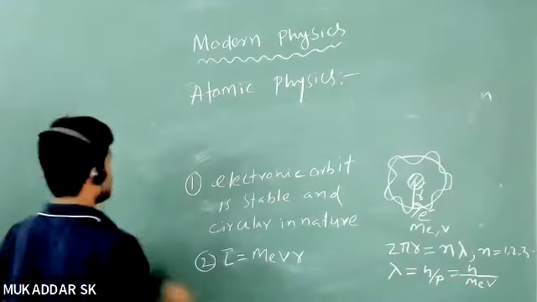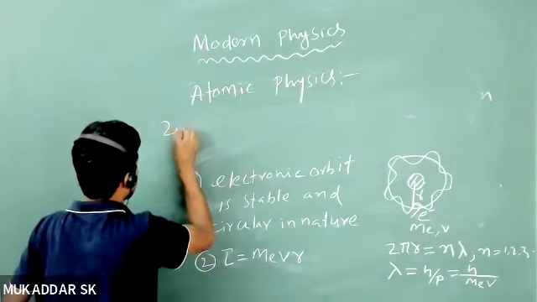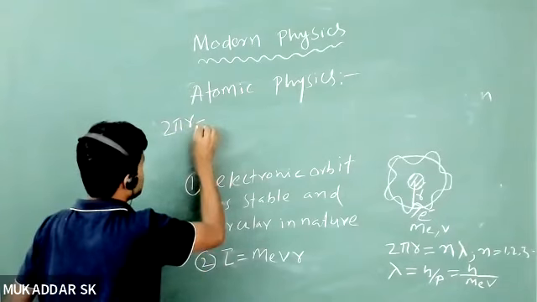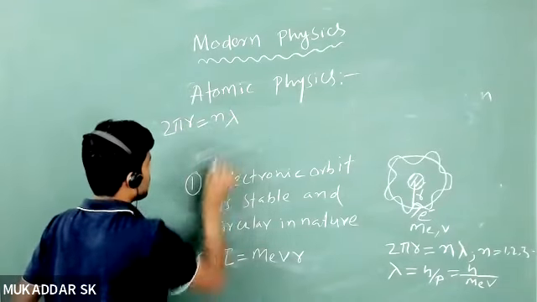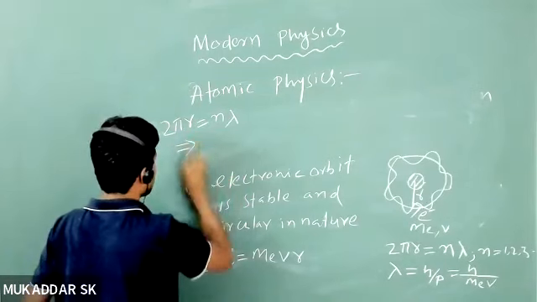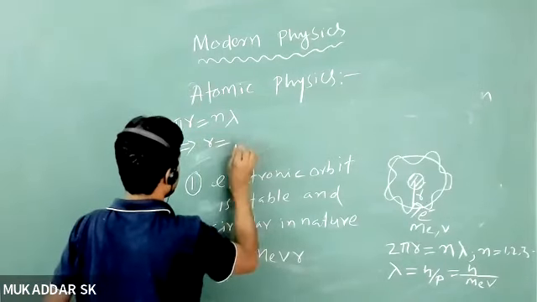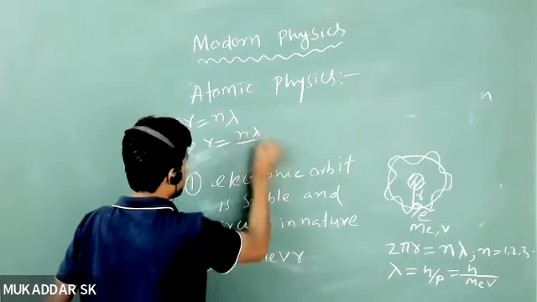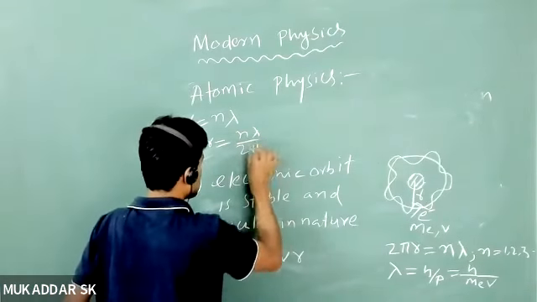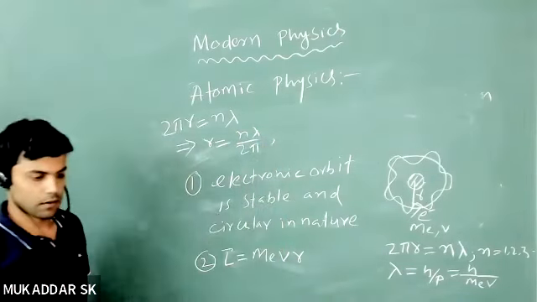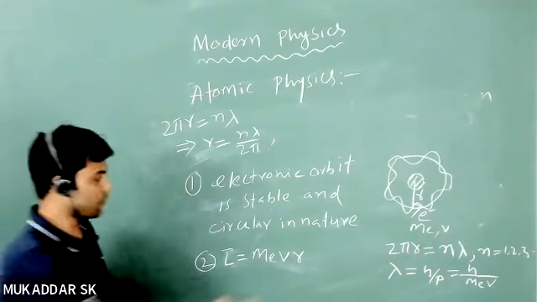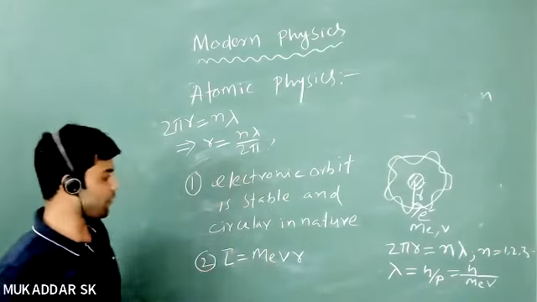From the first equation, you have 2 pi r equals n lambda. It means r will be n lambda by 2 pi. Does everyone agree?